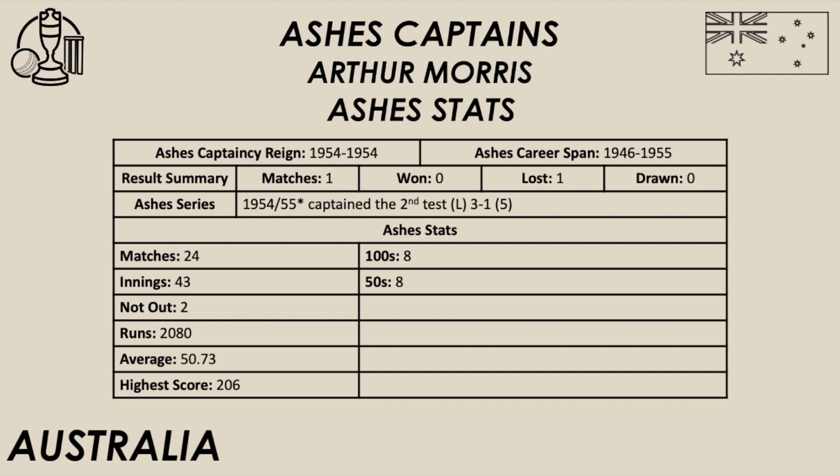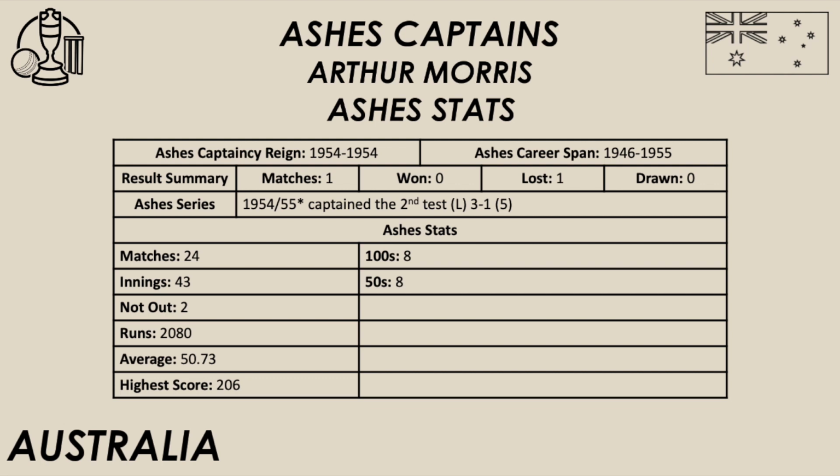He had the honour of captaining Australia in an Ashes Test during the second Test of the 1954-55 Ashes series, when Captain Ian Johnson was unable to play due to fitness. Australia lost the Test by 38 runs and the 1954-55 series 3-1 in the best of 5. Before this Test, Morris captained Australia in a Test against the West Indies in 1951-52.